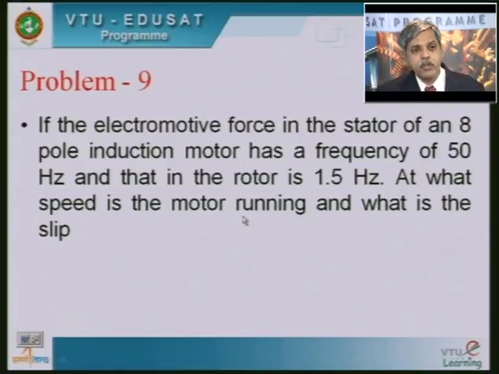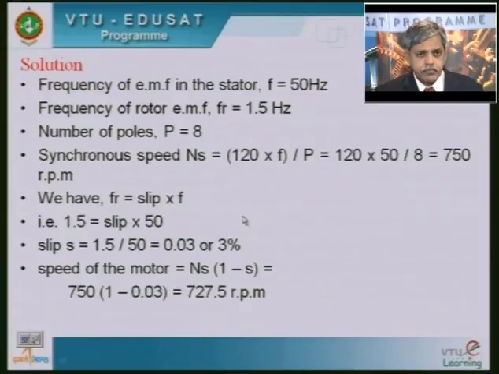So the solution for this problem is like this. The frequency of the EMF in the stator is 50 hertz, the frequency of the rotor EMF is 1.5 hertz, and the number of poles is 8. So the synchronous speed will be 120 into F divided by P, which gives 750 rpm.